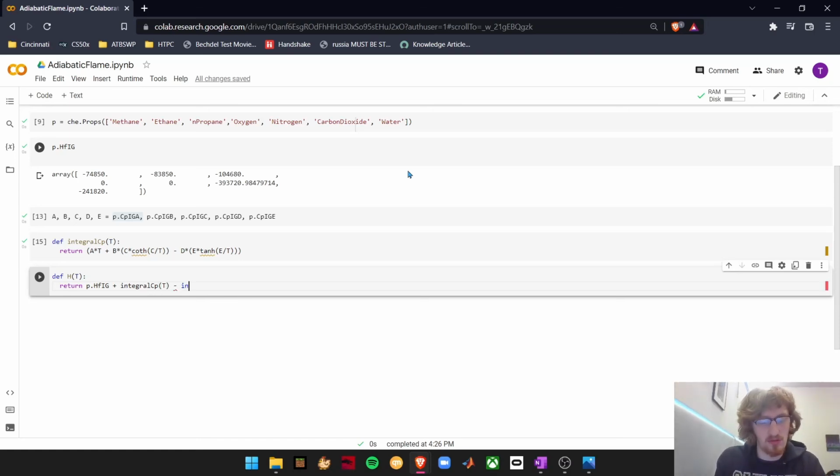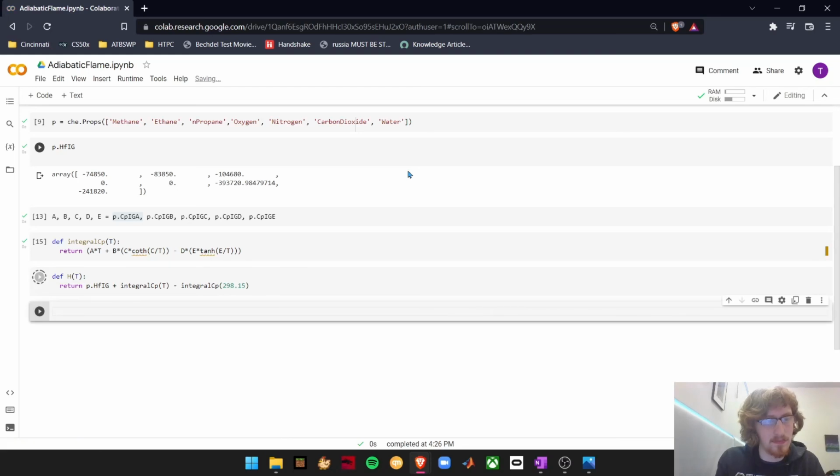And then we're just going to subtract our starting integral, or our integral taken at our starting temperature, which is going to be 298.15 Kelvin. And then from there, we have to determine the number of moles we're going to have of each of our substances. And then we're just going to do a little bit of math, and it should give us the change in temperature.